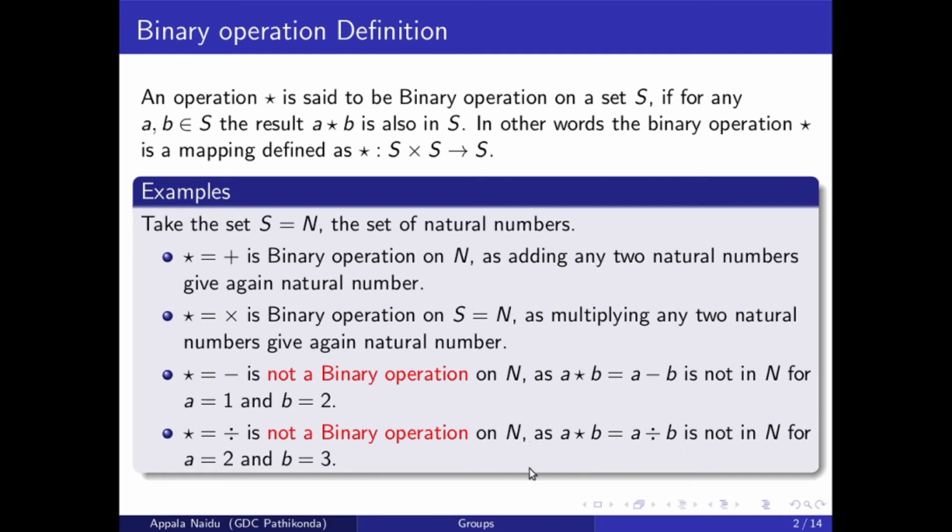Here, if you take a equal to 2 and b equal to 3, a star b is 2 divided by 3, in other words 2 by 3, which is a fraction. The set of natural numbers does not contain fractions. Hence the divided by operation is not a binary operation on the set of natural numbers.